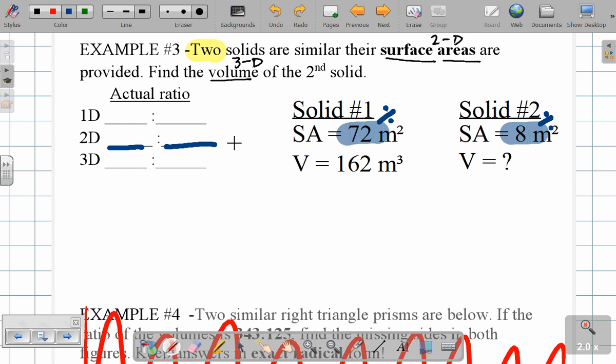Okay. Lowest ratio. All right, William, you got it? 9 and 1. Thumbs up if you got 9 and 1, folks. Yes, fabulous. That's 9 and 1.